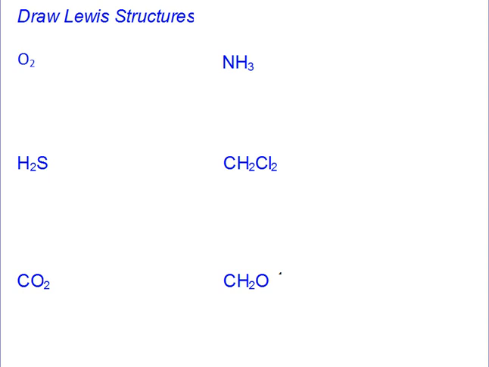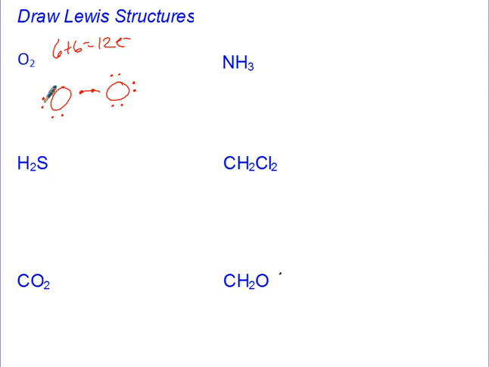Another example, if I take oxygen, oxygen has 6 valence electrons. When you have 2 of them, 6 plus 6 equals 12 electrons. Again, there's only 2 atoms, so there's nothing in the center. So I put the 2 of them side by side, and this is 2 electrons there. So 1, 2, 3, 4, 5, 6, 7, 8, 9, 10, 11, 12.